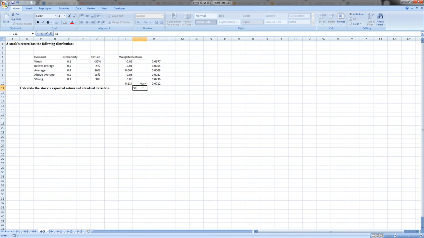To get the standard deviation, what we will need to do is take the square root.